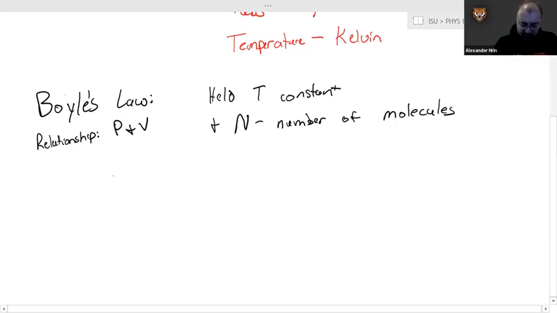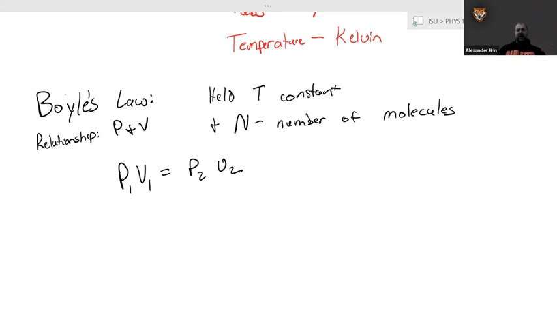Now, basically what Boyle found is that at any point, if you take the product of the pressure and the volume, that's equal to the product of the pressure and the volume at any other point. So the point is that pressure and volume can both change in this situation. So you might do this by having like a free moving piston.